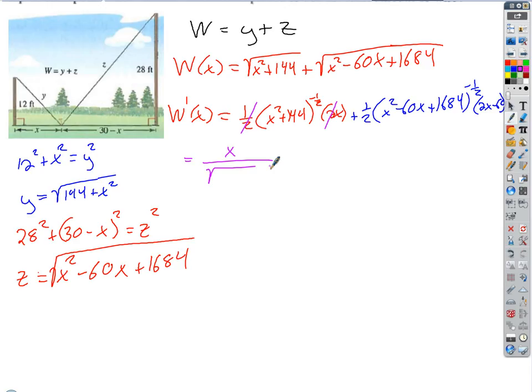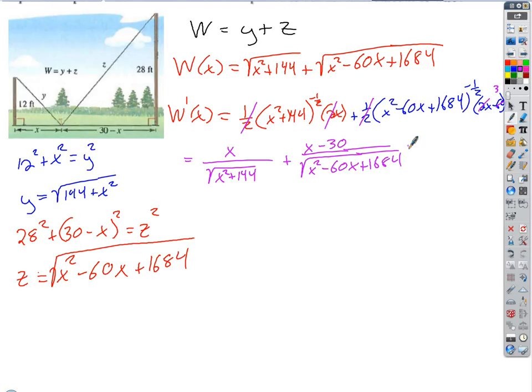So we get x divided by the square root of x squared plus 144, plus, if I factor a 2 out, x minus 30 over the square root of x squared minus 60x plus 1684.